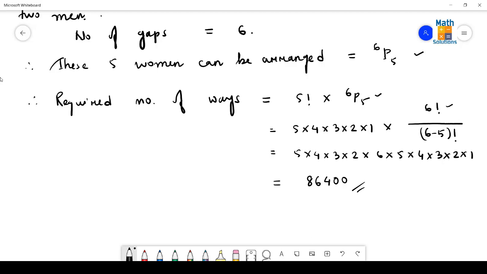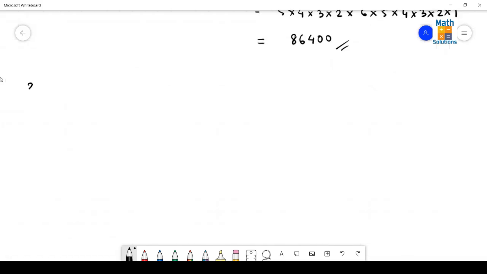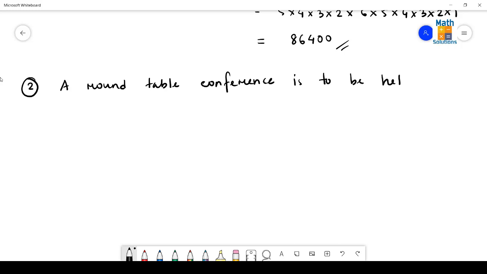Here goes question number 2. A round table conference is to be held among 20 delegates.